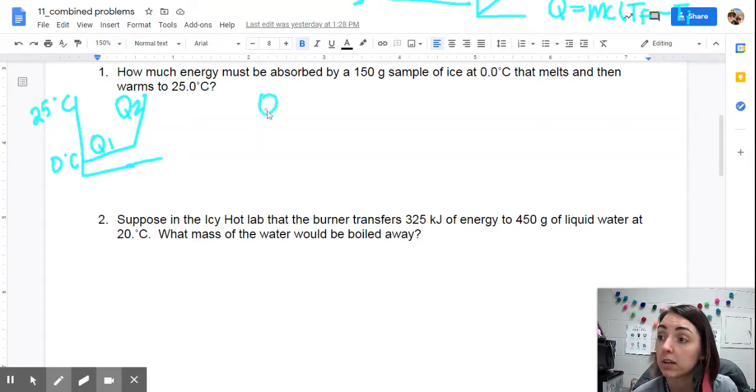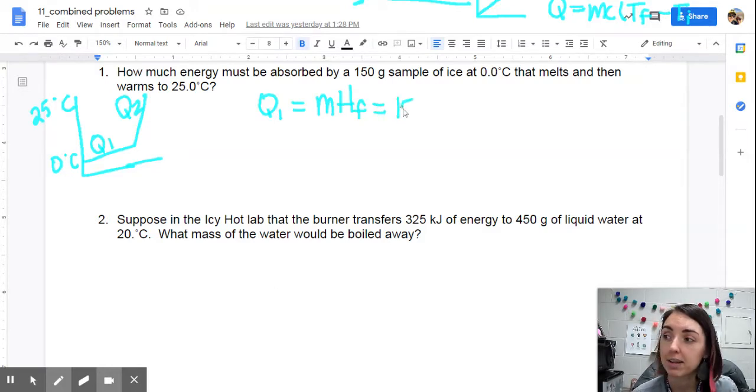So Q1, if I go back and look at the top of my page, I see that's a plateau. On a plateau, I use the equation Q equals mH. I know it's melting, so I'm going to use Q equals mH sub F. We just did problems like this. This should be pretty fresh in your mind.